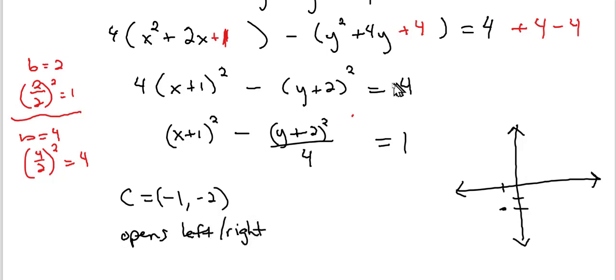By the way, if we had ended up with a negative number on the right side over here, we would have just divided by that negative. It would have switched the x's and the y's, and it would have opened the other way. I go over to the right 1 space because this is over 1. I go up 2 spaces and down 2 spaces to complete my rectangle here.